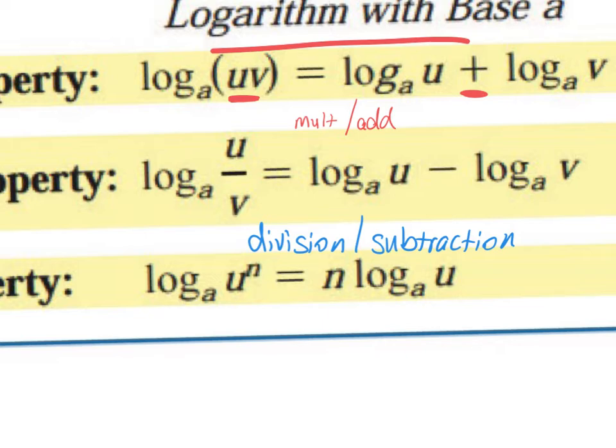It's in the exponent. And then what happens when we change it? It goes to be where? Like the growth factor. Out in front. But what do we call that when we have a variable or a number out in front? A coefficient.